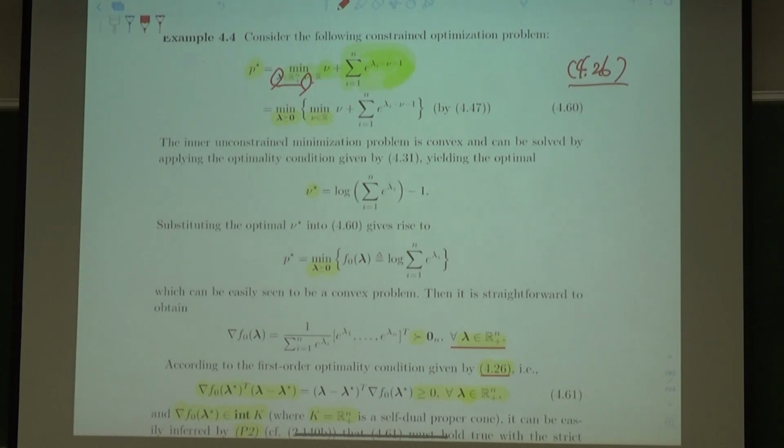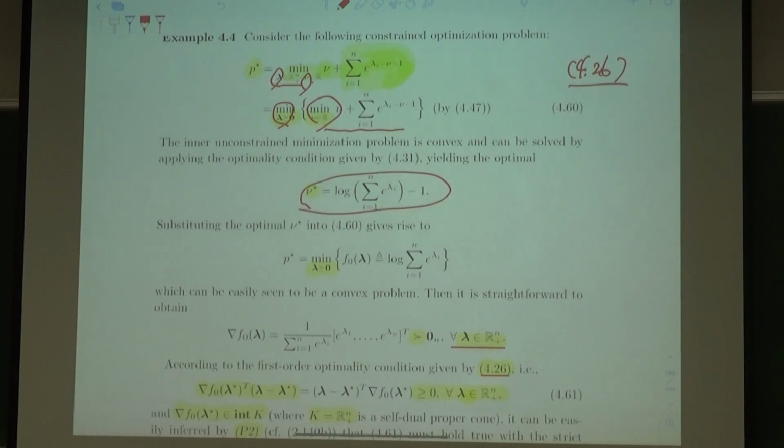But there are two parts of the variables. We can use the remark on partial minimization. Usually in the minimization, we try to handle the one that is easier first. Yeah, easy one to solve first. The inner minimization is unconstrained. The objective function is convex, gradient equal to 0.